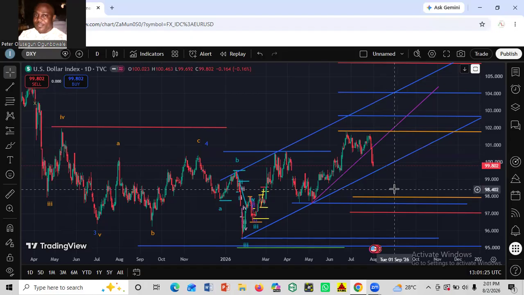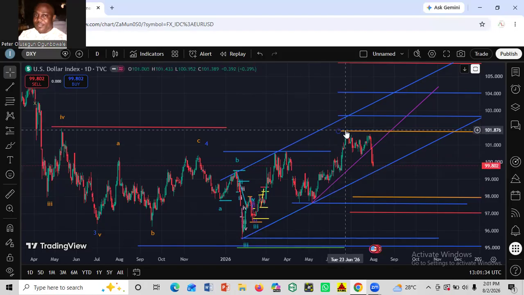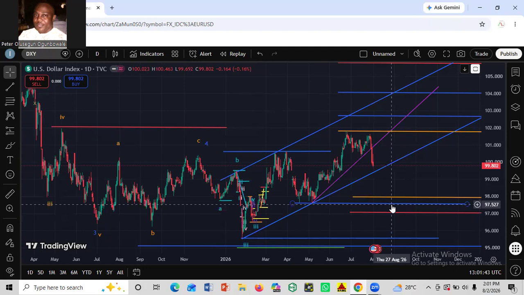So if that happens, and this is taken out, which is the second scenario, this A, B, C becomes your W, and the movement to the downside becomes your X. And once we finish an X, we don't expect it to break this low here. The X could come within a 618 of this retracement, or slightly break it at 78 or 76 before they begin to go up again.